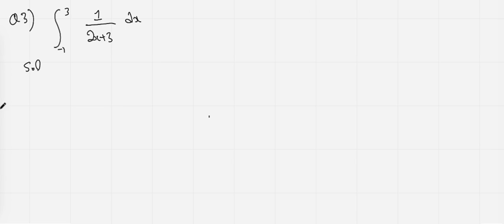Though I can do it directly as well, u-substitution is much better to use here. So u is equal to 2x plus 3, and I differentiated both sides with respect to my original variable.